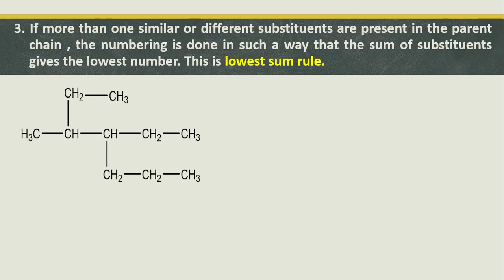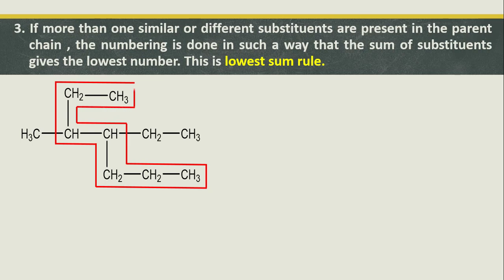In this case, there are two substituents. Okay, let's see the numbering here. So there are two possibilities for the numbering of the carbon chain.